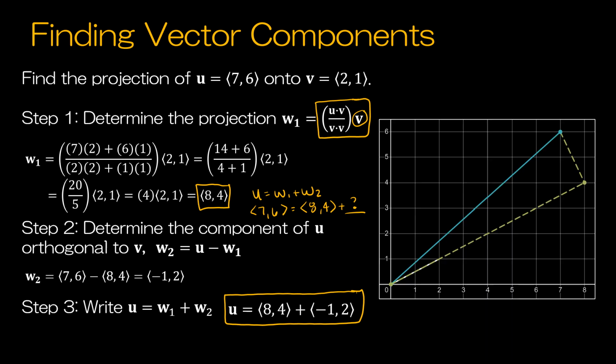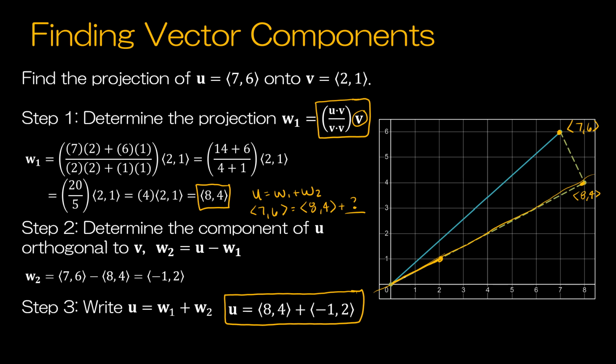Now, what does that look like? So here's my original vector, 7, 6. This little guy down here was v, 2, 1. And so I'm saying let's extend 2, 1 out as far as we need to. And so we're going to find that this guy is 8, 4.